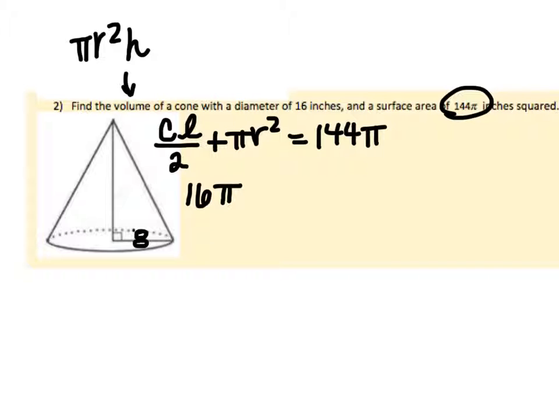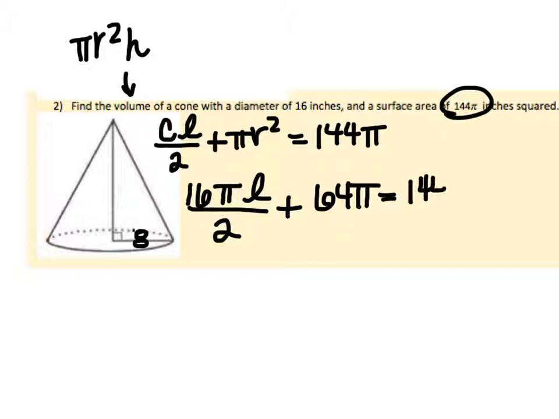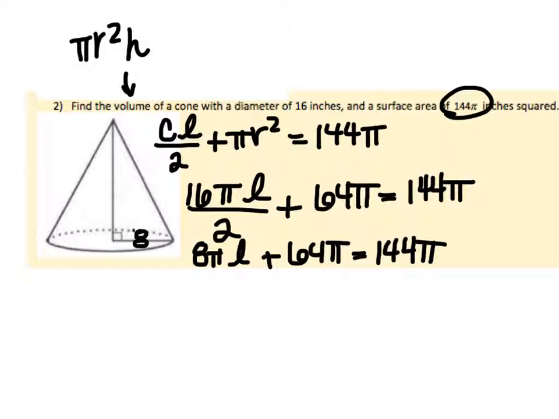I don't know L, so I'm going to leave it as L and divide it by 2, and add in a 64 pi. I can simplify the 16 over 2 into 8 pi times L plus 64 pi equals 144 pi. And since all three terms have pi in them, they're all going to divide out. So I have 8L plus 64 equals 144.